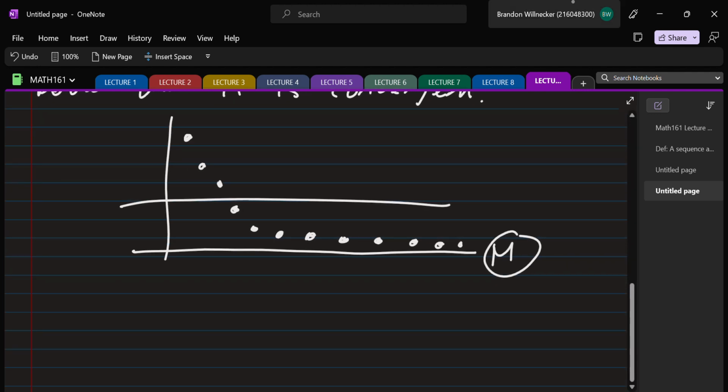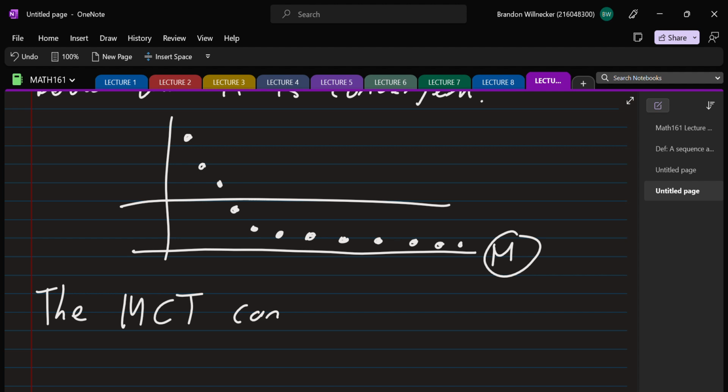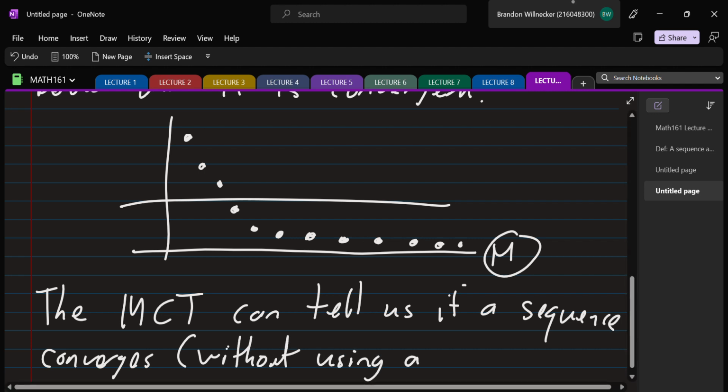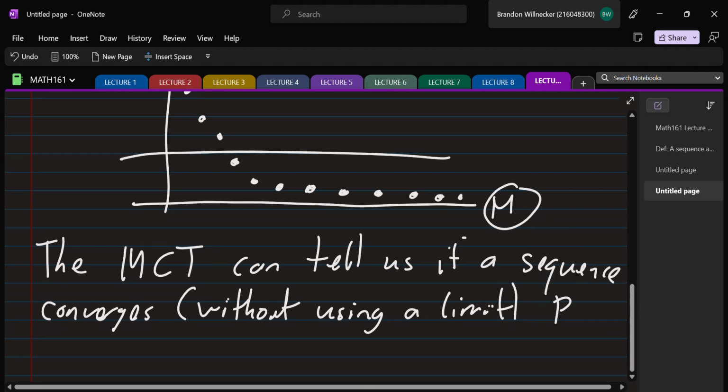So again, the monotone convergence theorem can tell us if a sequence converges without using a limit, which is good, but it can't tell us what the limit value is.